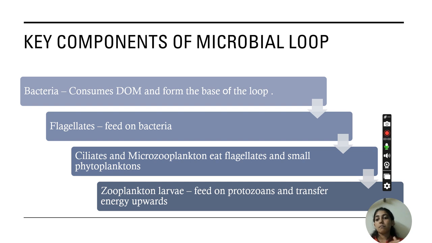So first comes bacteria, which consumes dissolved organic matter and forms the base of the loop, and then flagellates that feed on bacteria, and ciliates and micro zooplanktons eat flagellates and small phytoplanktons. Then zooplankton larvae feed on protozoans and transfer energy upwards. So this is the hierarchy of microbial loop formation. And after this, zooplanktons are consumed by higher organisms.